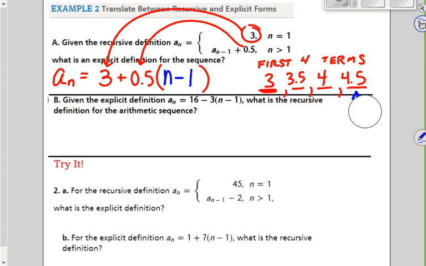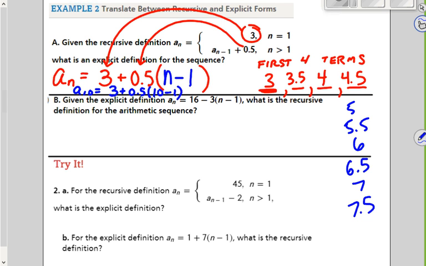Here, check it out. It works. This is term number 4, 5, 6, 7, 8, 9, 10. Term number 10 should be 7.5, right? As long as I did that correctly. I think I did, yes. So here's what we do. If I want to get to term number 10, I would start with 3, and I would add 0.5 10 minus 1 times.